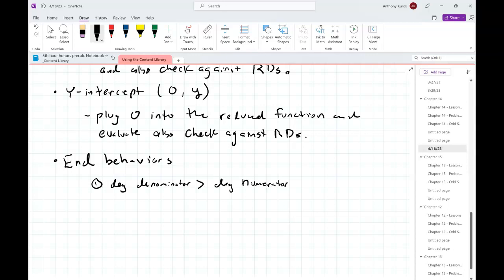Okay, in this case, very easy. We have a horizontal asymptote at y equals 0.